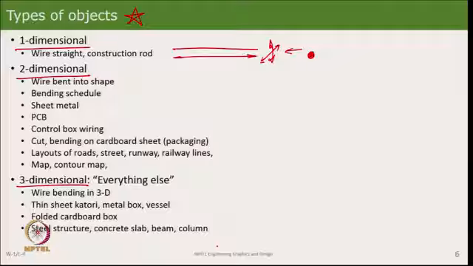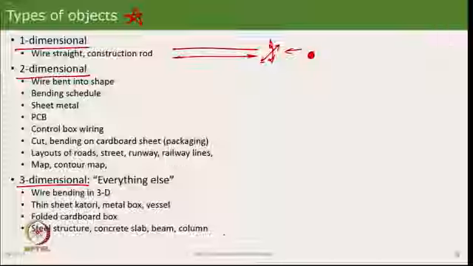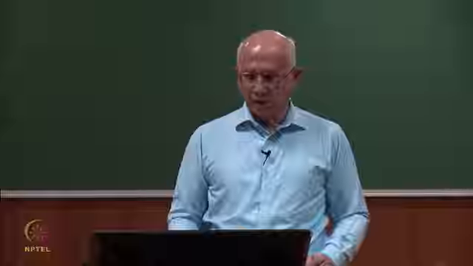In the case of a wire, the cross section is typically circular. That is a very simple set of objects, 1 dimensional, in which case the making of the drawing is also much easier, as we shall see later on.